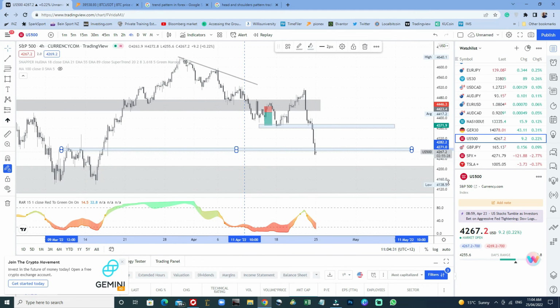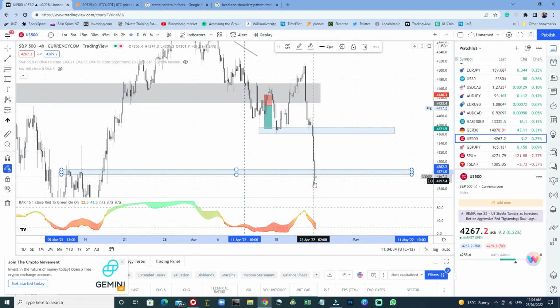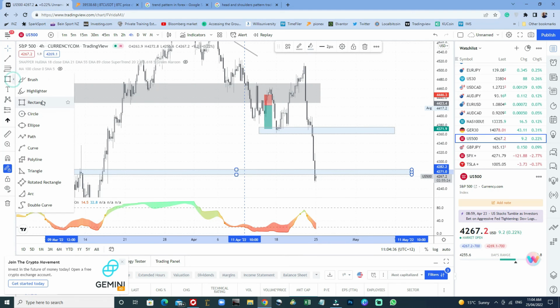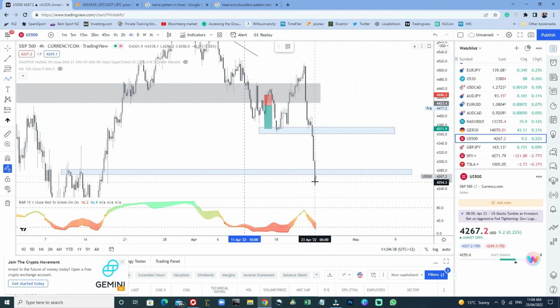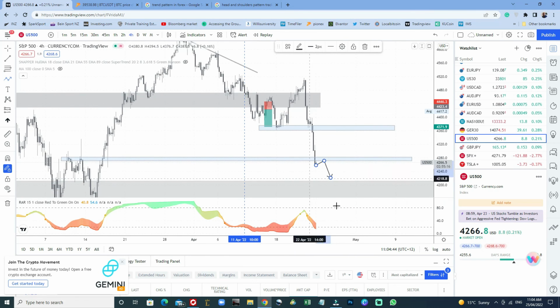This is already reacting here. I will expect the market to test here and push to the downside, giving me a continuation of a sell, because you can see the market is also showing more orange, which indicates a continuation of this bearish trend.